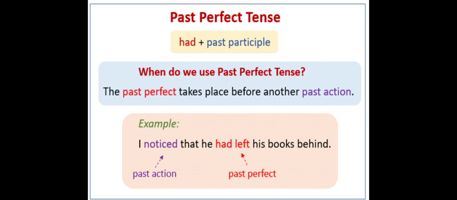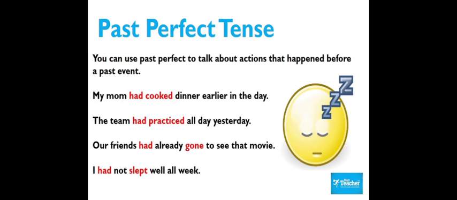So in this way, when you want to talk about one action before another action took place, you use the past perfect tense. You can use past perfect to talk about actions that happened before a past event, which I explained to you already. Here are some more examples.